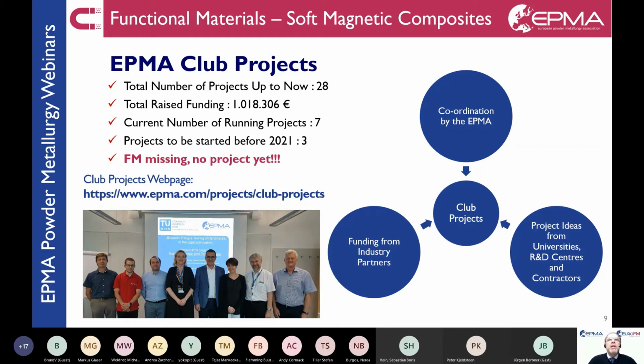And we had already about 30 of these. They're very popular. Of course, it was not yet possible to run something in the FM group, but that would be nice to improve and have the zero removed from the statistics here. If you want more information, go to the website or ask me.